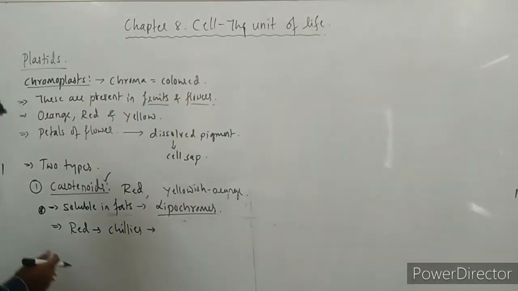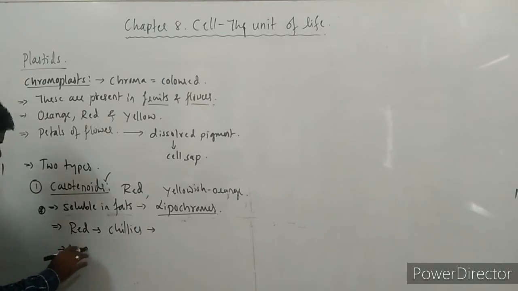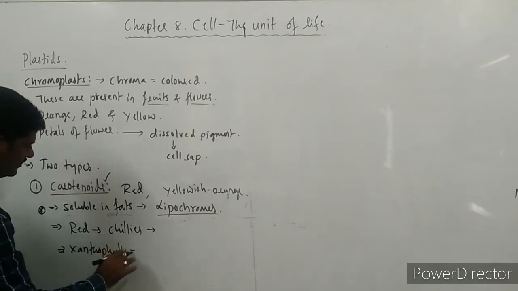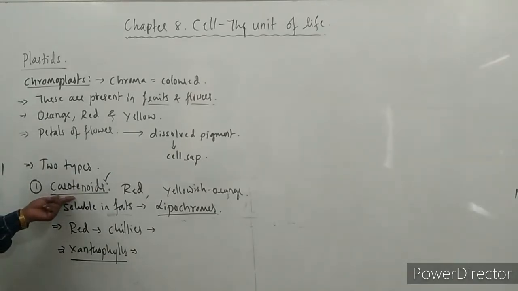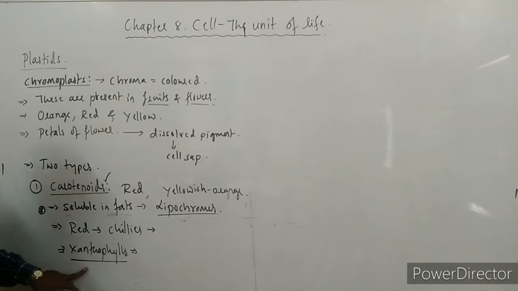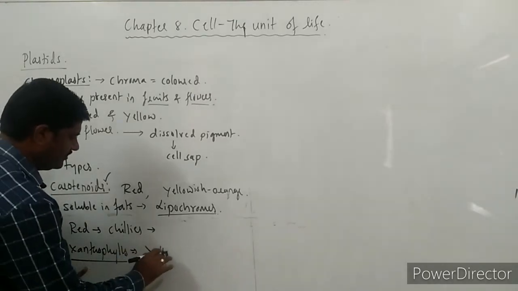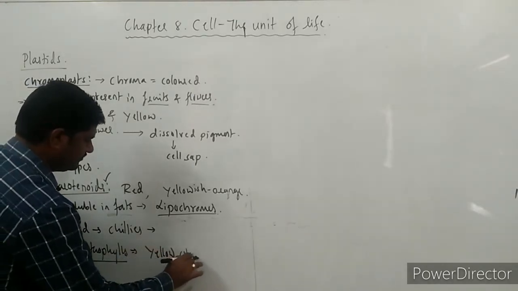And the next one is xanthophylls. These are also a kind of carotenoids. These are responsible for yellow color.